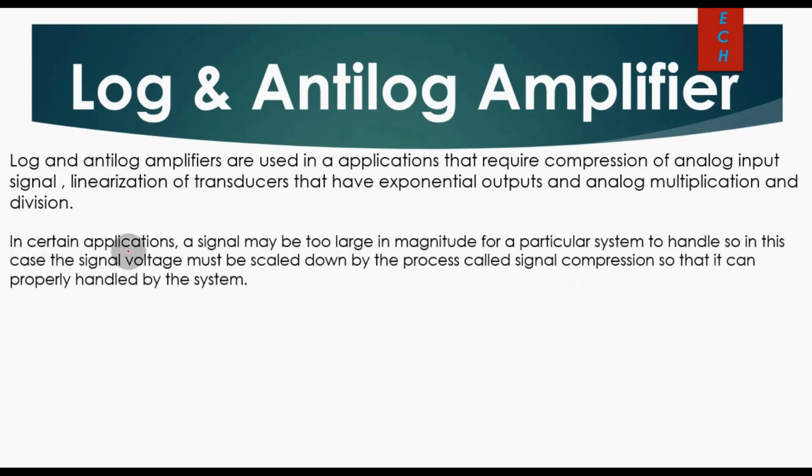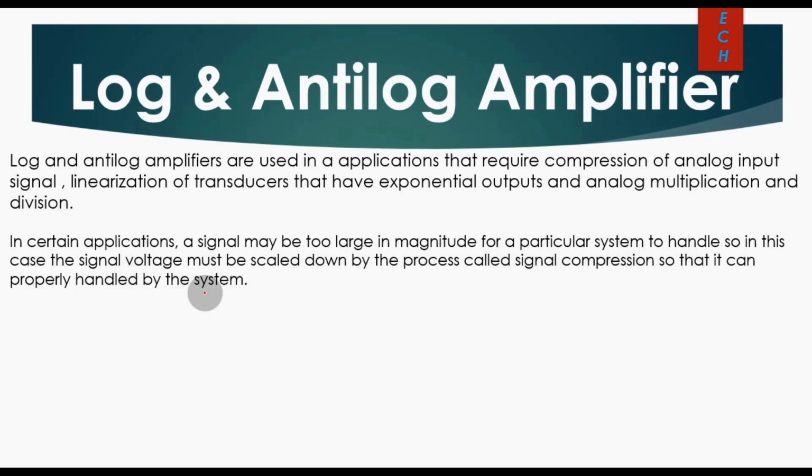In a certain application, a signal may be too large in magnitude for a particular system to handle. So in this case, the signal voltage must be scaled down by the process called signal compression so that it can be properly handled by the system.